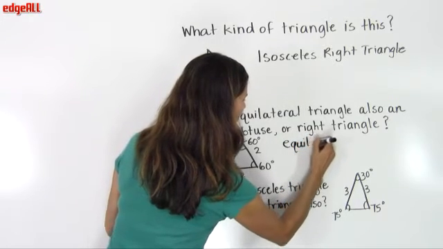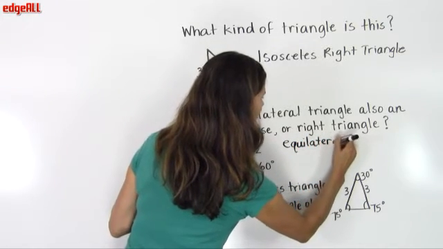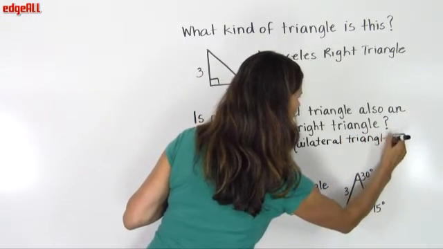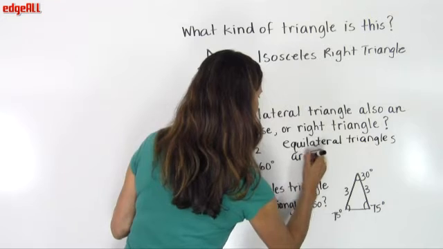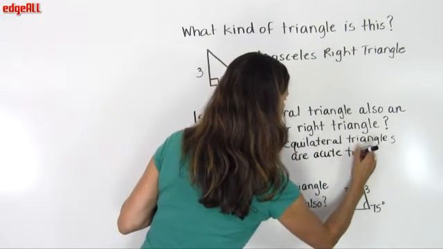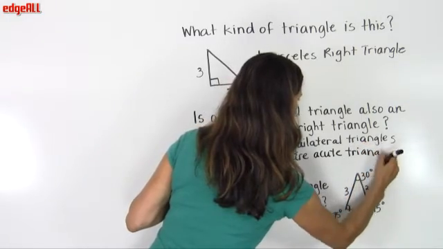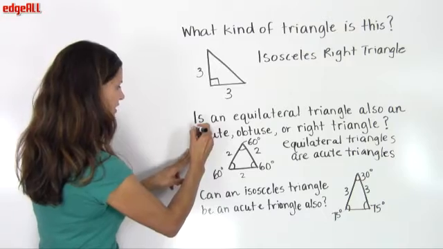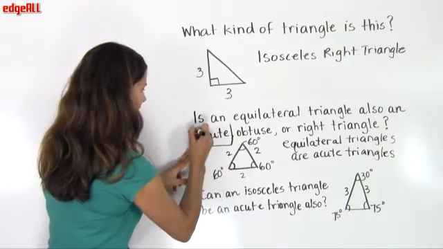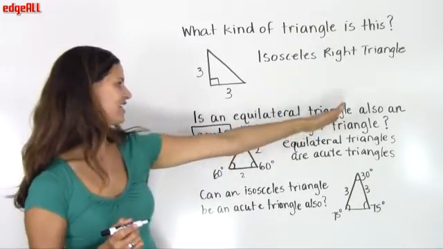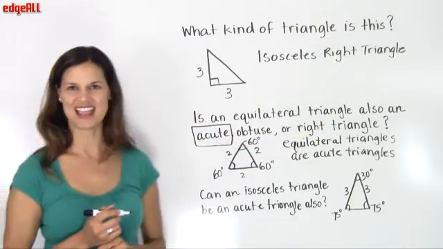So we can say here for our answer that equilateral triangles are also acute triangles. I could probably have come over here and put a big square around the word acute and had that as my answer. Equilateral triangles are also acute triangles.